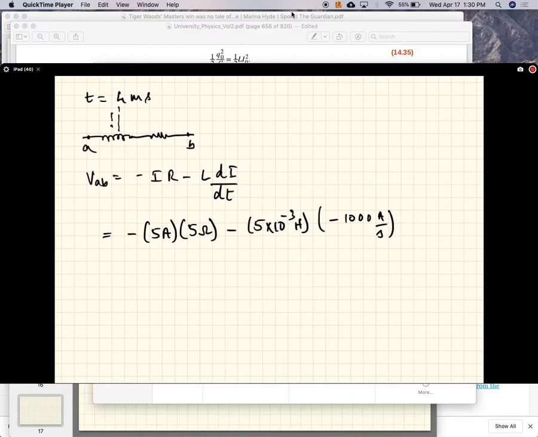As you go across this element, you're adding the voltage, and minus or minus becomes plus. Okay. So this is minus 25 volts, and this is plus 5 volts. Okay, so what we're saying is if the current decreased fast enough, this voltage would cancel this voltage, and you can have 0 volts across that. Yep.